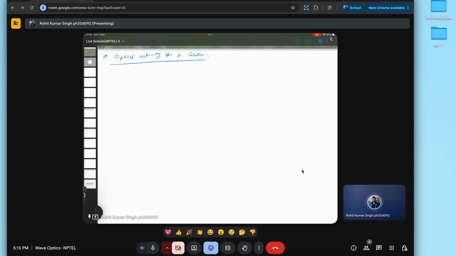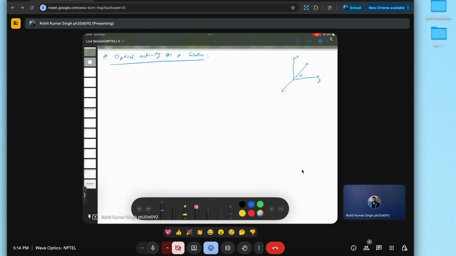Okay, so we will consider a linearly polarized wave. You remember the linearly polarized wave. We know that if this is x, this is y axis, it makes an angle, let's say alpha for now.